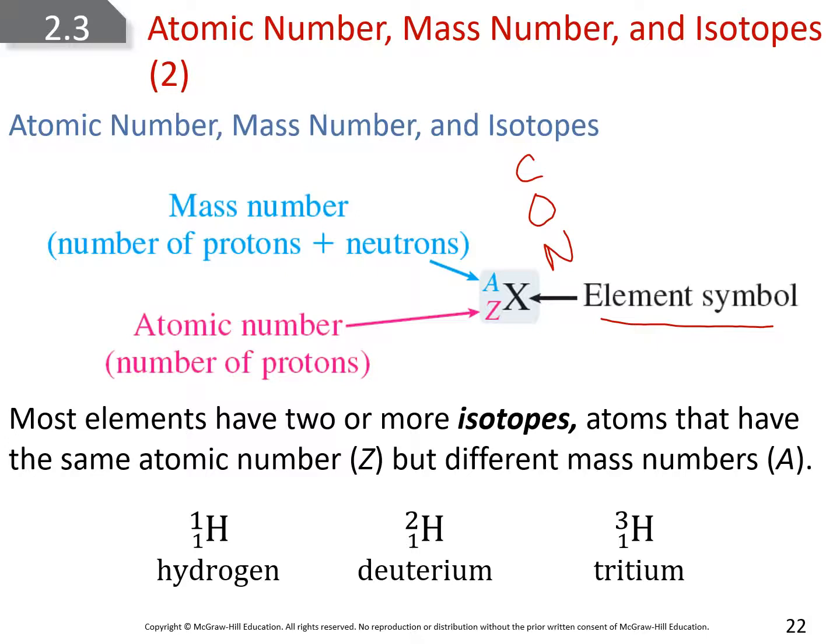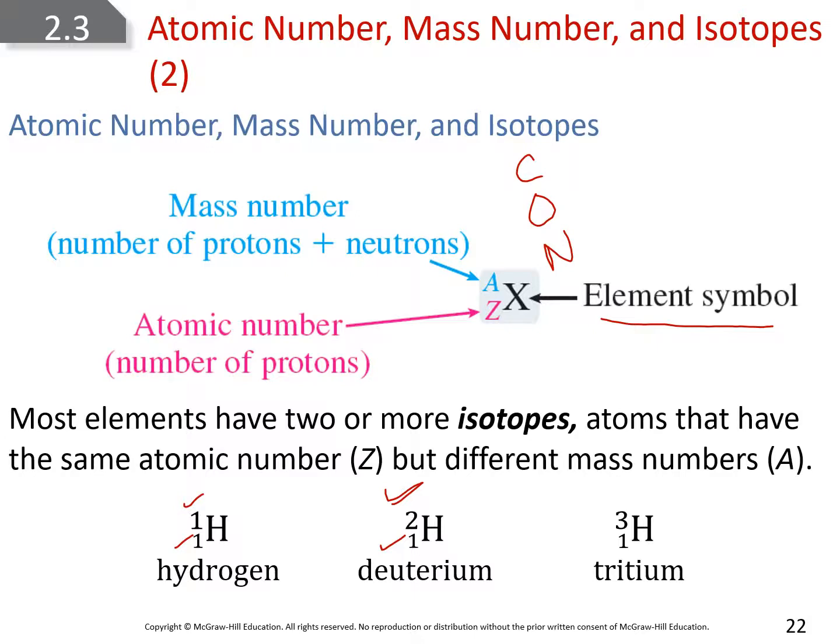So we can say hydrogen has a mass number of 1 and an atomic number of 1. Deuterium has a mass number of 2 and an atomic number of 1. This means, by deduction, deuterium has 1 proton, 1 neutron.